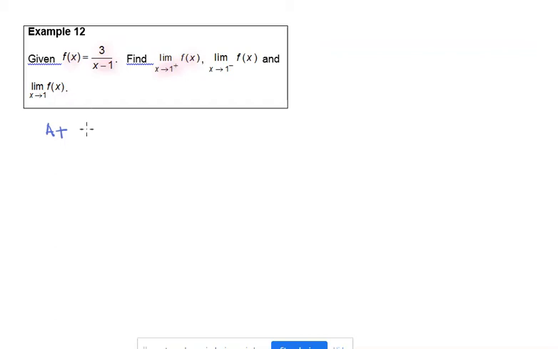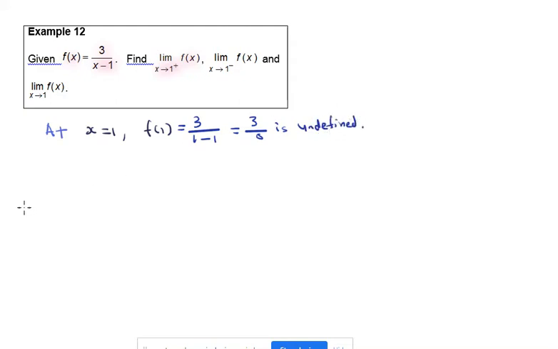At x equals 1, f(1) equals 3 divided by 1 minus 1, which equals 3 divided by 0, which is undefined.